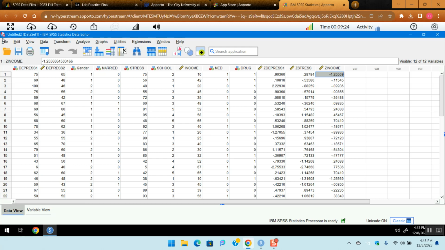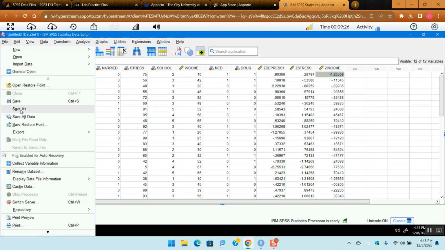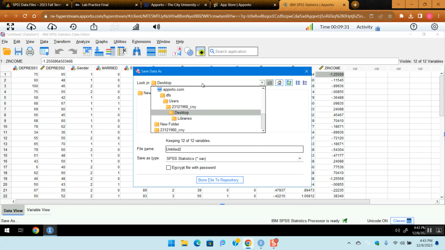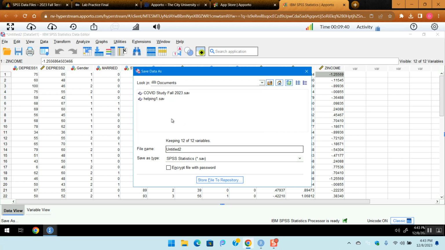Here's a portal again. Let me just save this in case there's a problem. I'll save it in documents here. You may want to save your stuff in a portal because it's a remote desktop, so it's not like sitting at a computer with SPSS installed on it.